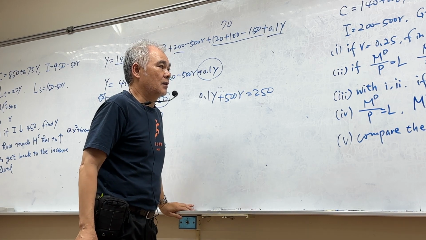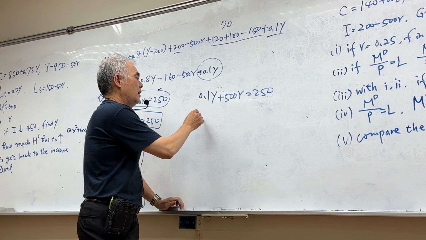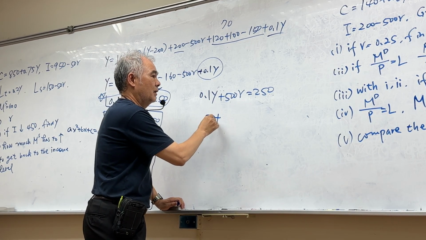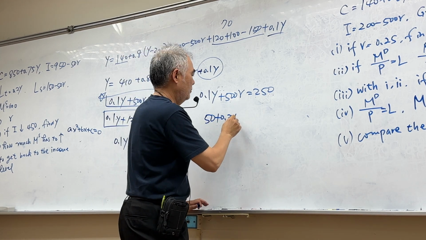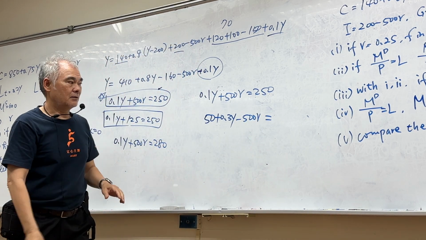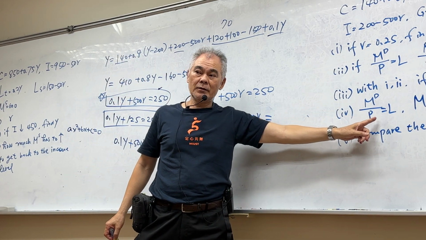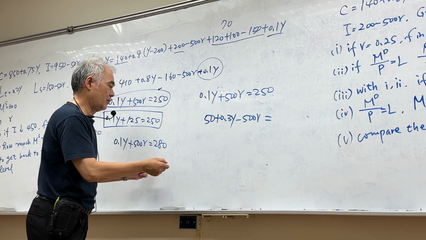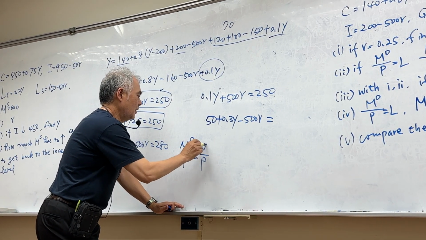So then, this is L, real money demand: 50 plus 0.3y minus 500r is equal to, what should we put down here? This one is real money demand, so you have to have real money demand equal to real money supply.